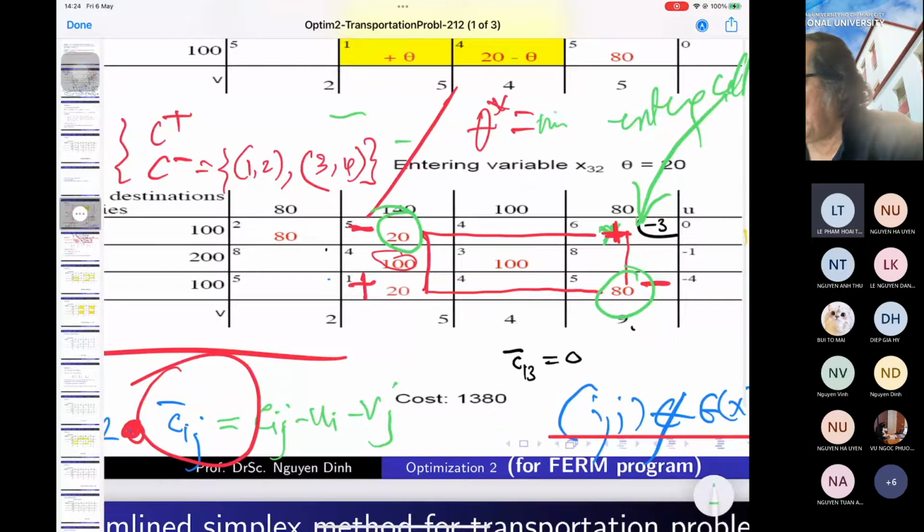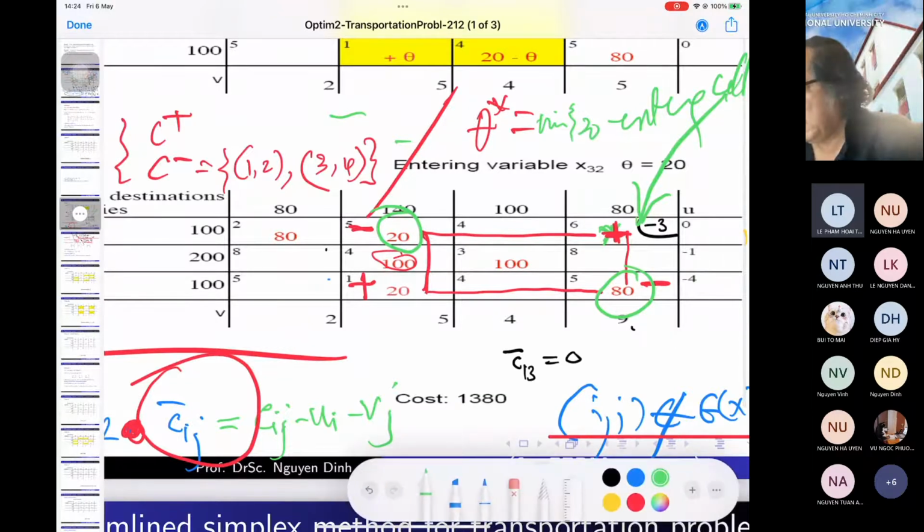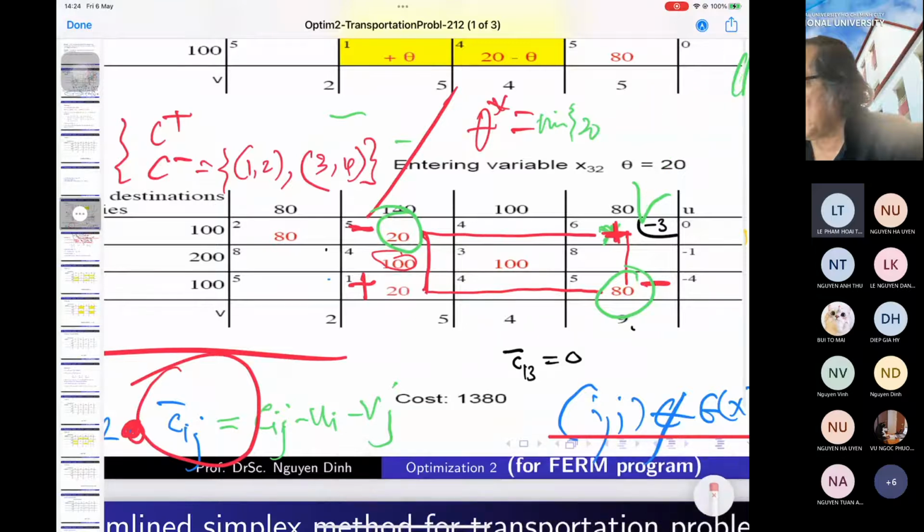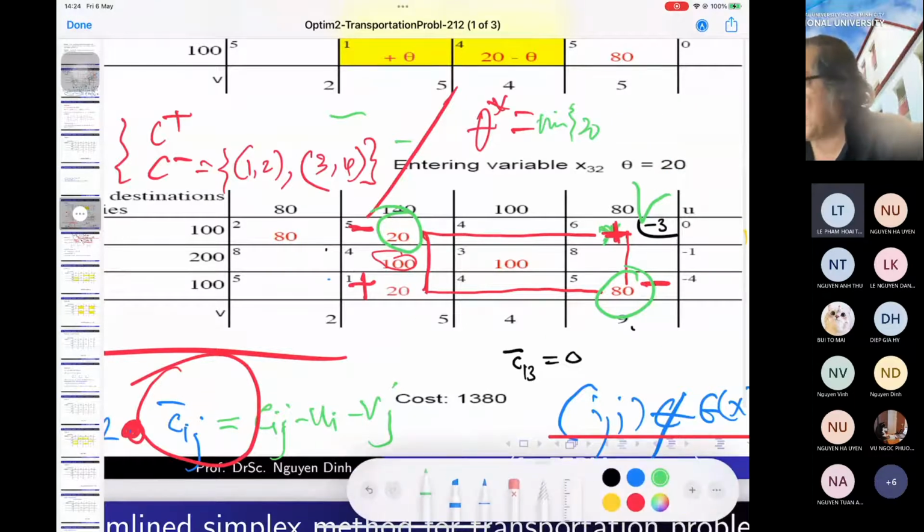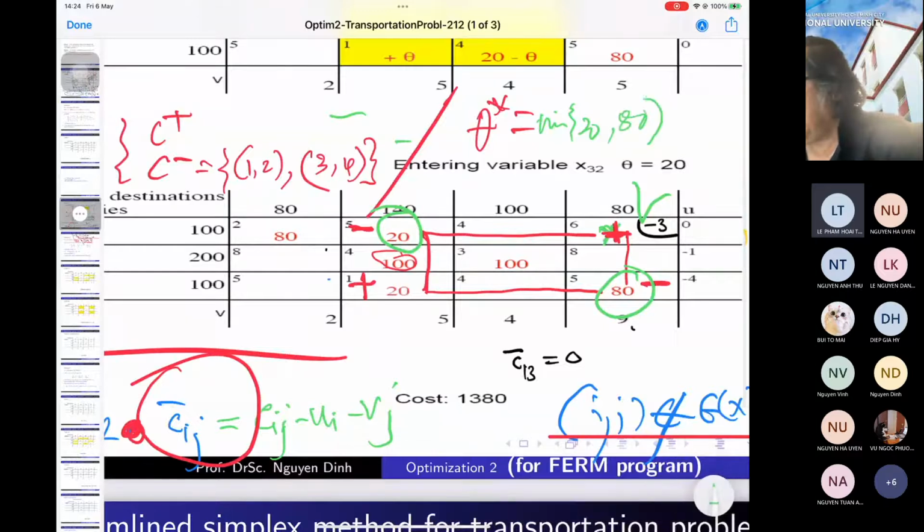The minimum of 20 and 80 is of course equal to 20. And 20 is equal to this one. X what? Can you tell me? X1.